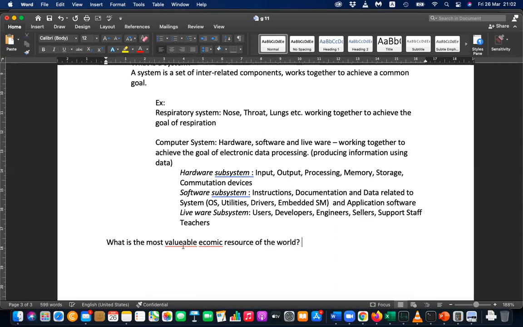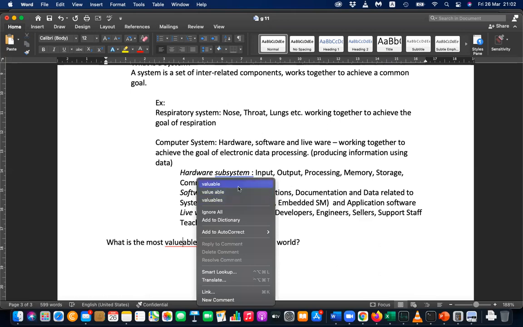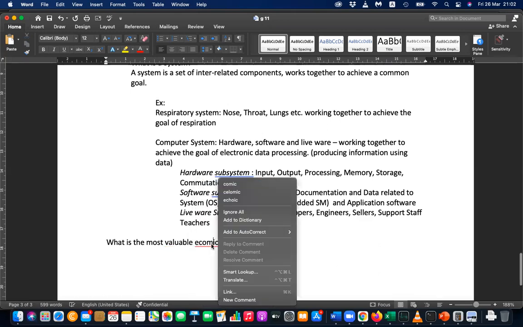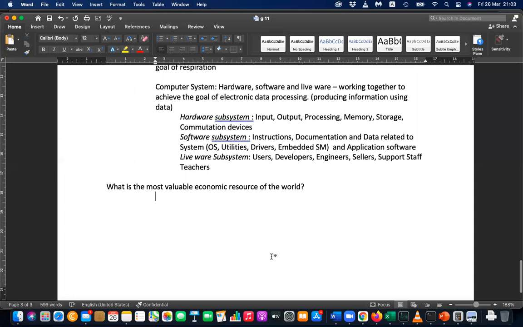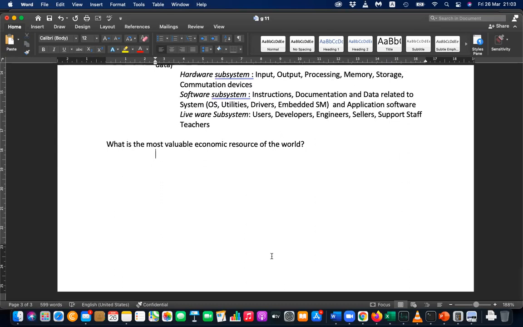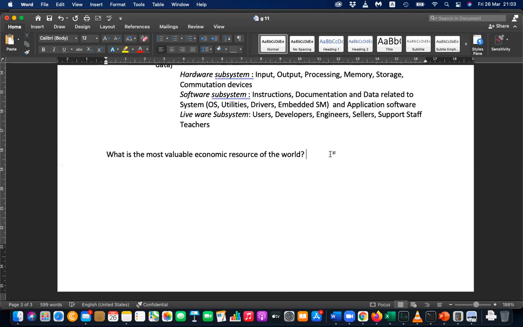Now you can answer this question. What is the most valuable economic resource of the world? Yes? Come on. What is the most valuable economic resource of the world?